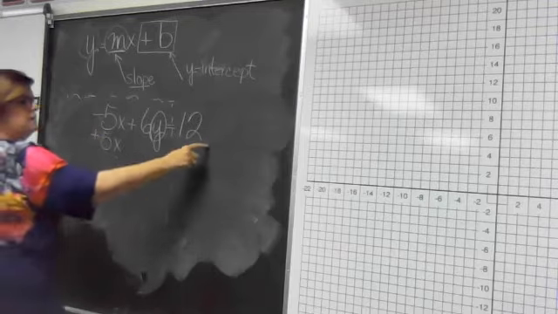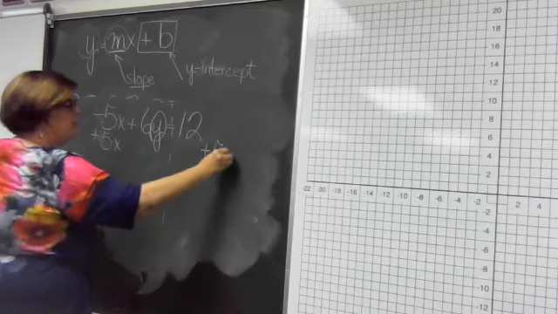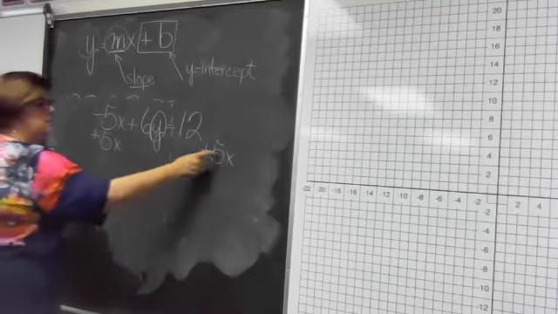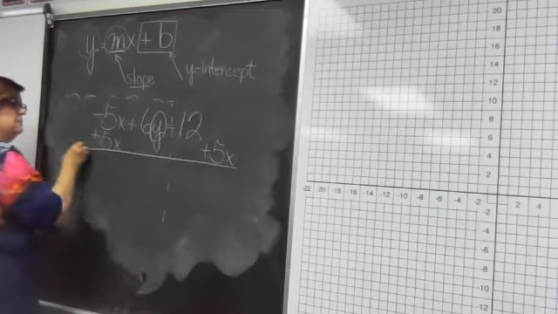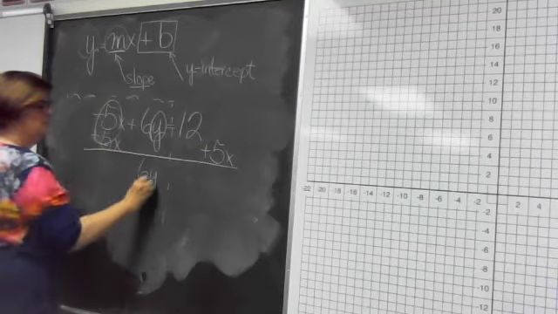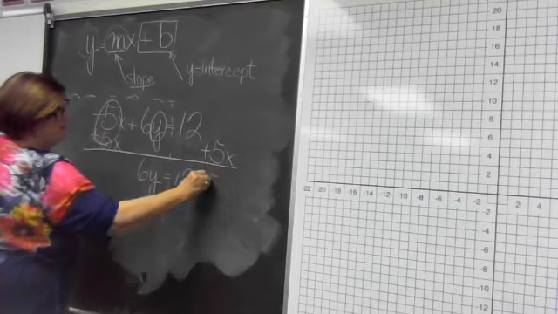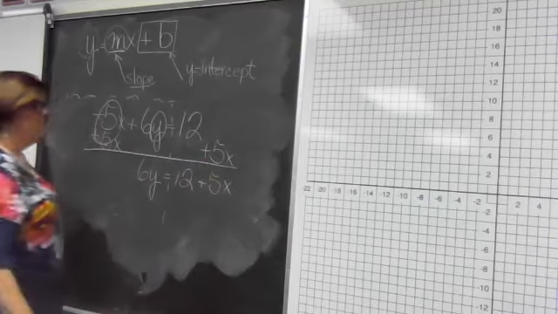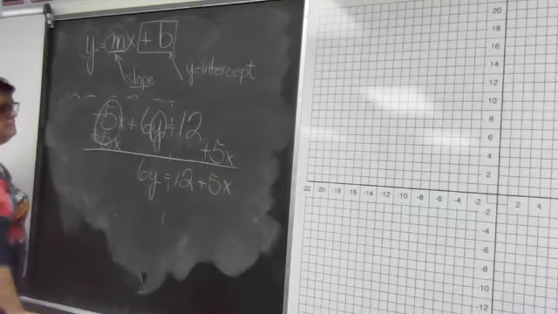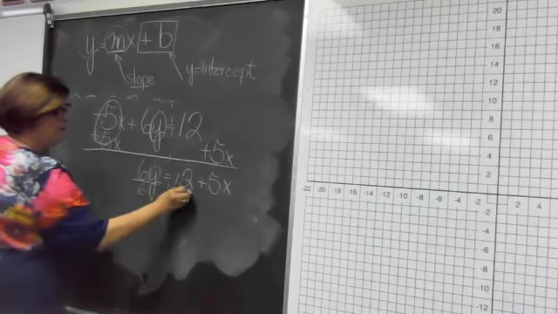I think I might have minus 5x over here. Plus 5x. I have to do the same thing to both sides. I think I did. So make sure and change it in your notes. Made a mistake.